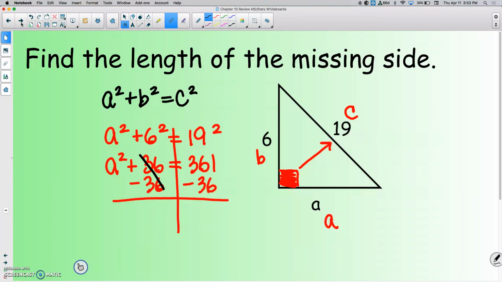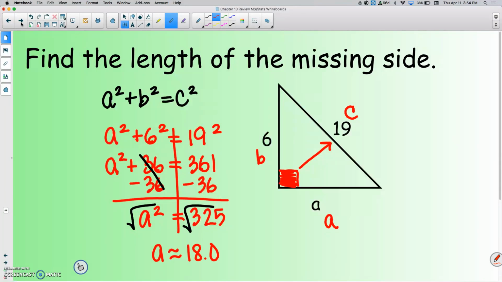So instead of adding, like we did on the last problem, this time we need to subtract. So that gives me 325. So A squared equals 325. And then the square root of 325 is 18.02. So it's approximately 18, or 18.0 to the nearest tenth.